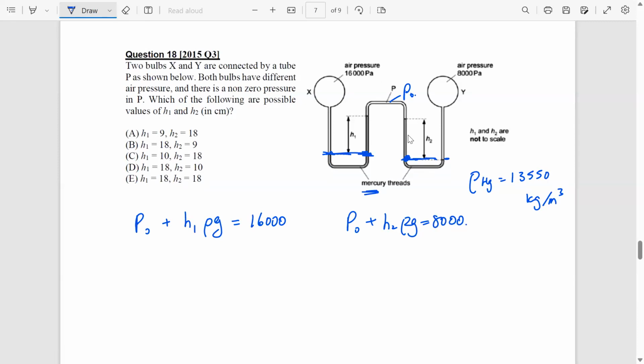So we can see that if we take equation 1 minus equation 2, H1 minus H2 times rho g is equals to 8,000. Okay, the P naught cancels out. So your H1 must be larger than H2. Okay, so that already tells you E is wrong, C is wrong, A is wrong. You're left with B and D.